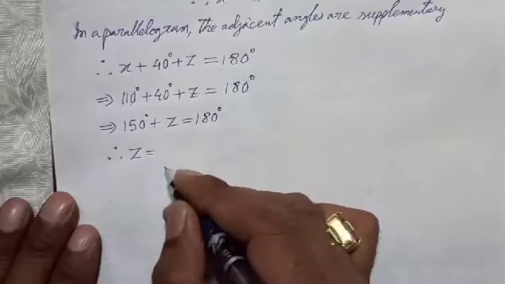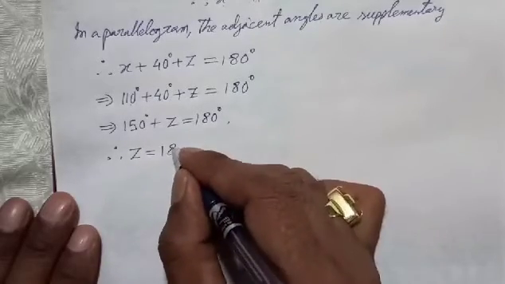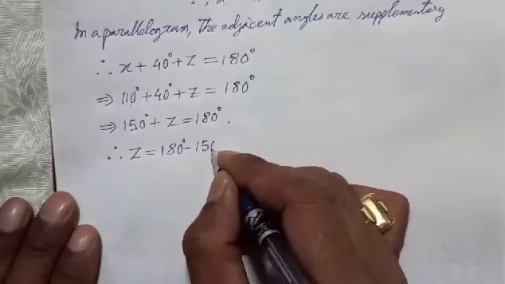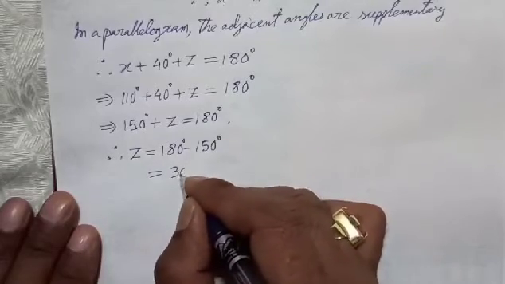Therefore, z is equal to 180 minus 150, transposing to the other side, then minus sign. If we subtract, then we are getting 30 degree.